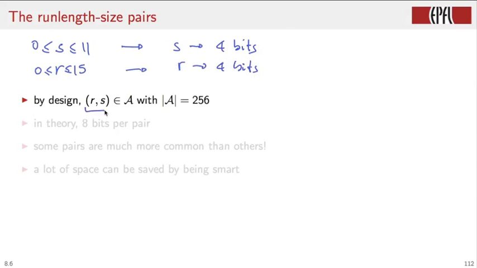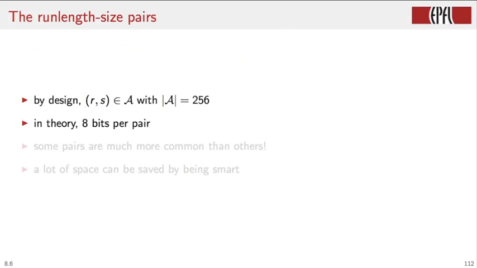So the pair RS will use a total of 8 bits, and therefore it belongs to an alphabet where the size of the alphabet is 256. If we don't do anything special, each pair RS will require 8 bits for storage. But it turns out that some pairs are much more common than others. For instance, if you have a long run of zeros, it is likely that the size of the non-zero coefficient that follows will be small.